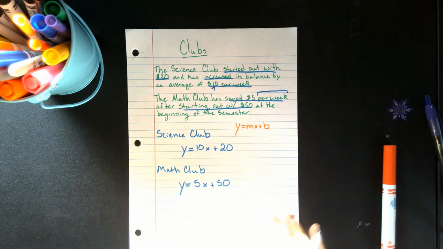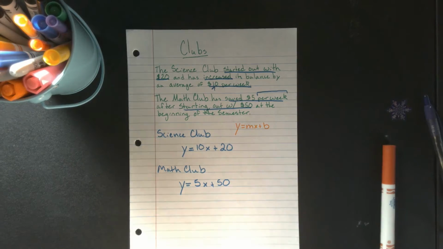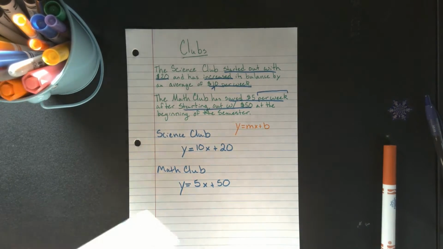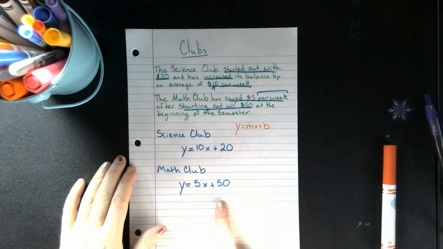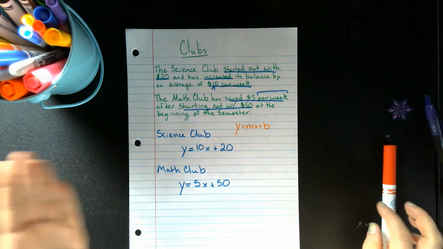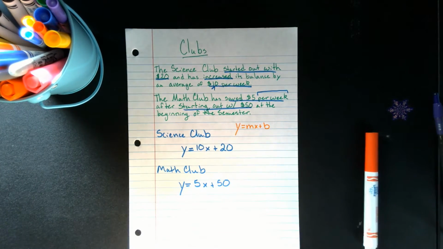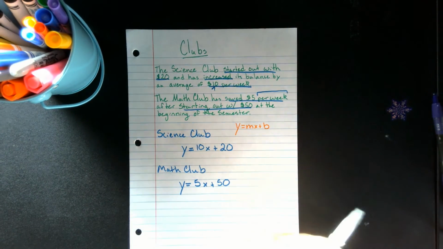Now you're going to see that these rules tend to be a lot bigger than what we're used to seeing. We're going to be using hundreds and 50s and 10s and stuff like that, as you can see here. So I've created my rules. Next thing I'm going to do is create a table, because I'd like to show you how to find the point of intersection in a table.